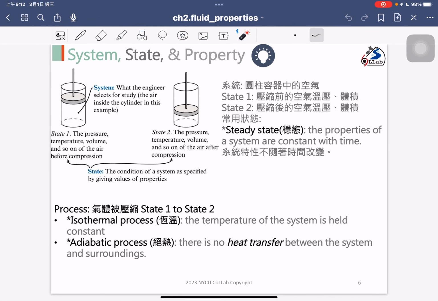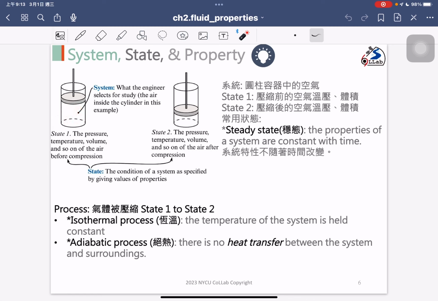After I define the system, this is another case. How can we describe the state? As you can see, the slide shows two bottles, and we define what the system is. I define the air inside the cylinder as our system. The air inside the cylinder is our system.